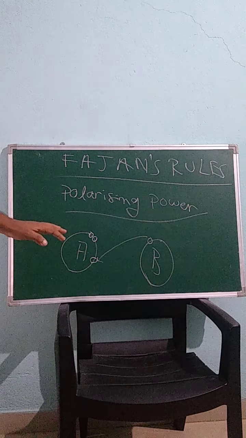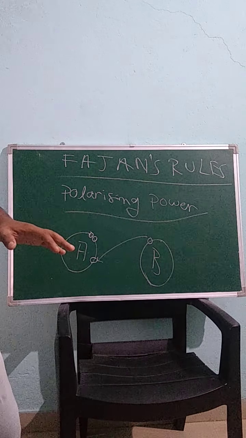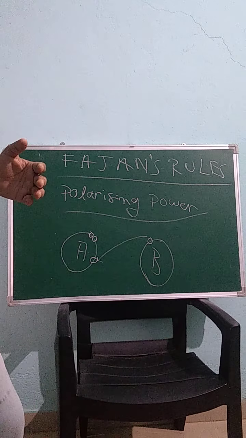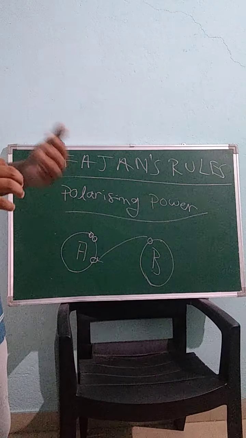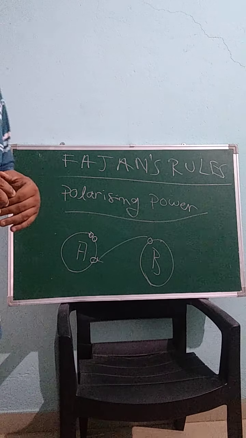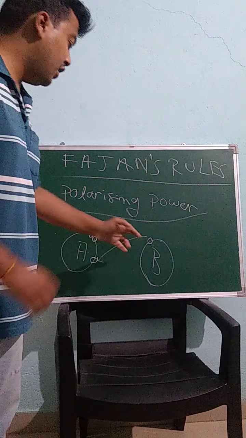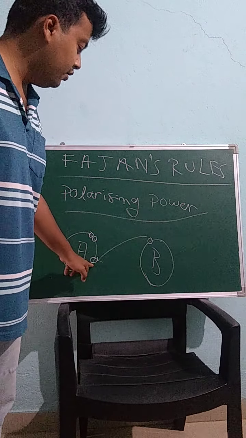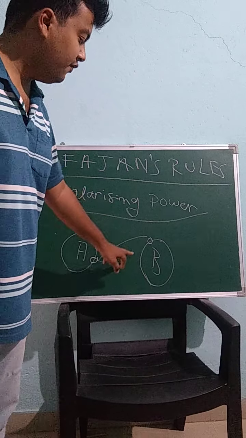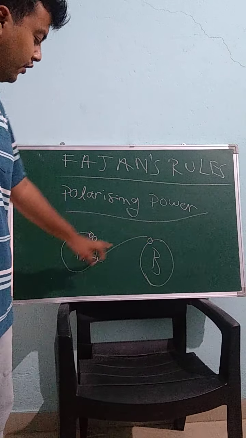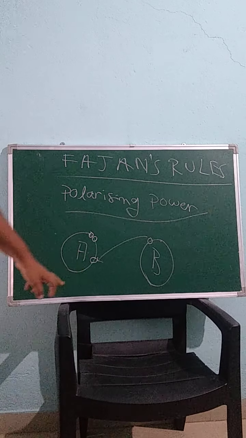When we are talking about the electron cloud, we mean the place where the chances of finding an electron are highest. So when we talk about donating an electron, the chances of finding the electron here will decrease and the chances of finding the electron here will increase.